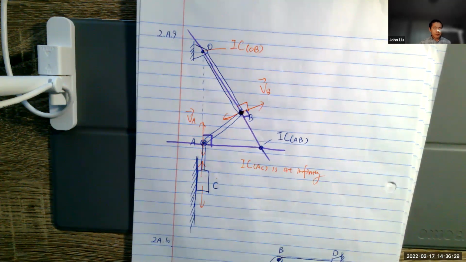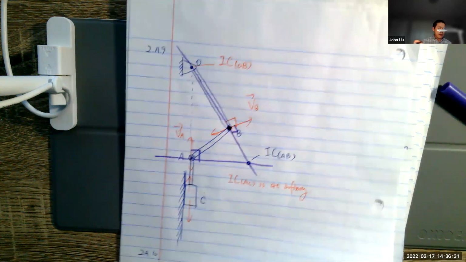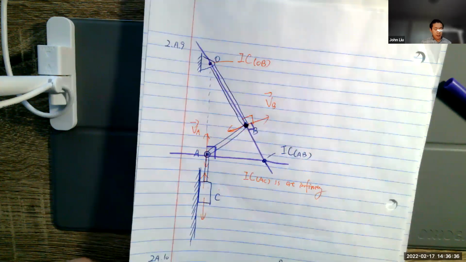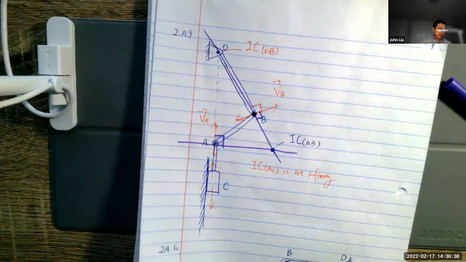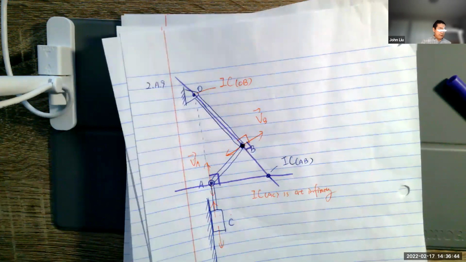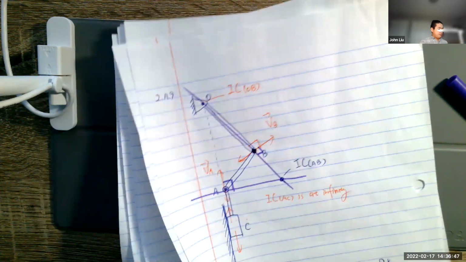Okay. All right, let's have a summary: how to find the instant center if you have multiple rigid bodies or bars linked together. We have steps you can follow.